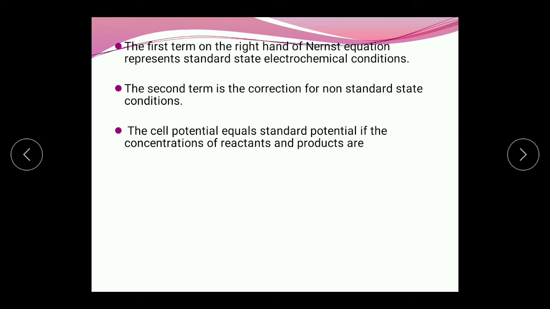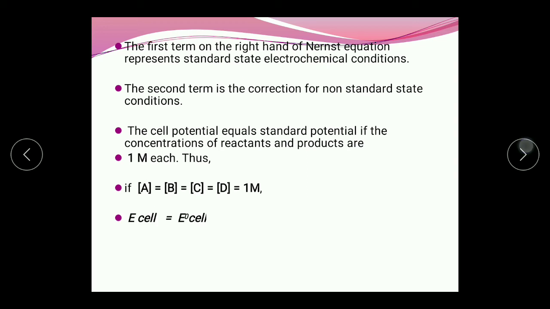The cell potential E cell can become E0 cell when all the concentrations of reactants and products are 1 molar each. Thus, if concentration of A equals B equals C equals D, all 1 molar, then E cell can become E0 cell.